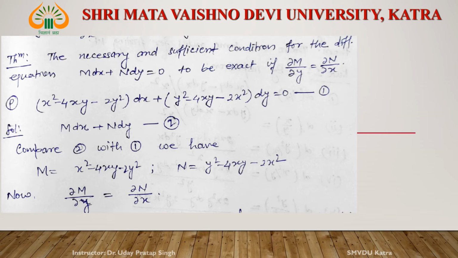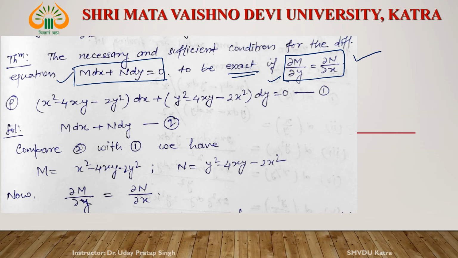This is the necessary and sufficient condition for the differential equation to be exact. If the condition is true, then the differential equation is exact. So once we verify that the given differential equation is exact, how do we evaluate its solution?